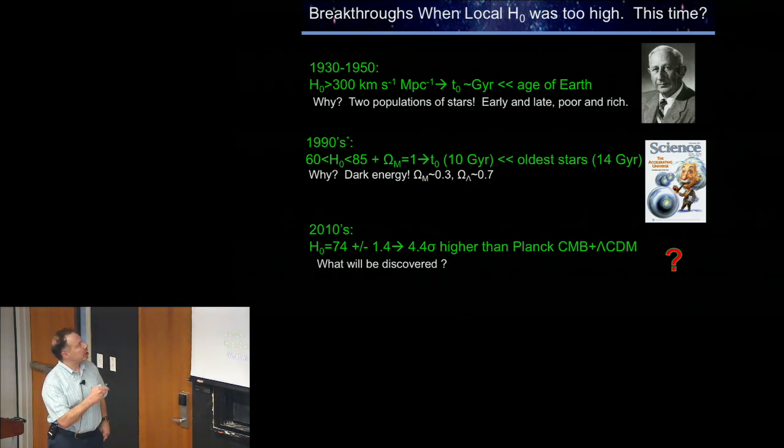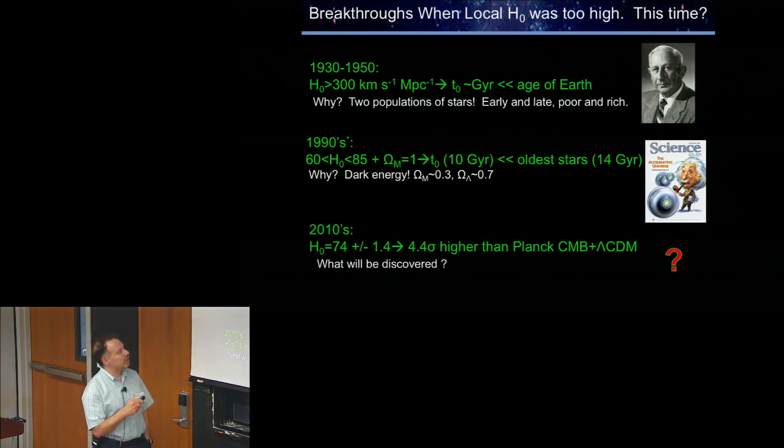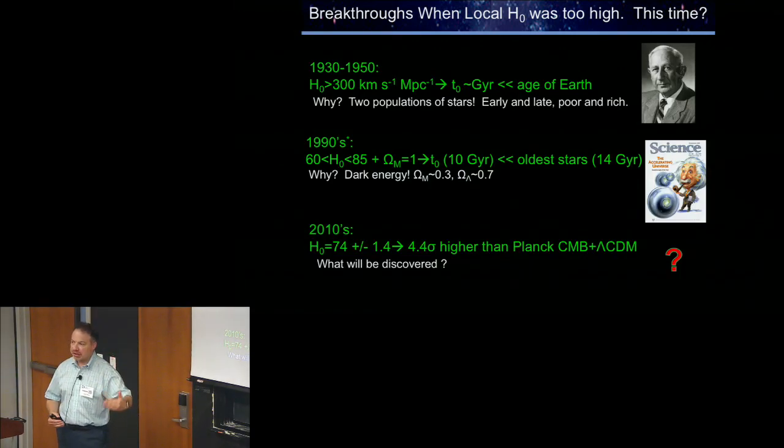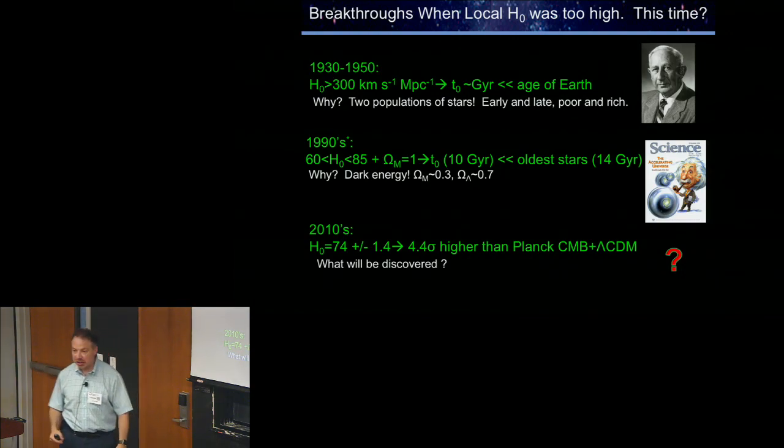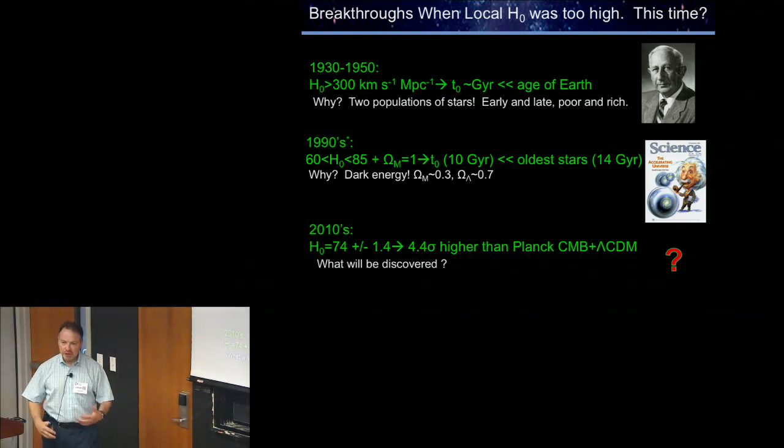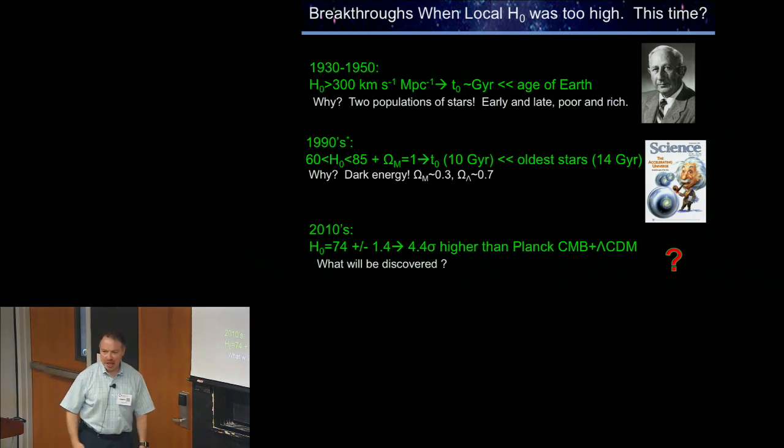So when the Hubble constant was too high, implying that the age of the universe was less than the age of the Earth, this was a cosmological problem, right? One of predictions not matching measurements, much like what we have now. People were calibrating one as their distance indicator and then seeing the other one far out and not realizing those were different generations. That is new physics, new astrophysics, and that's very important.